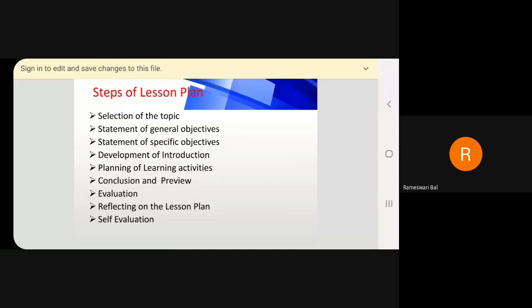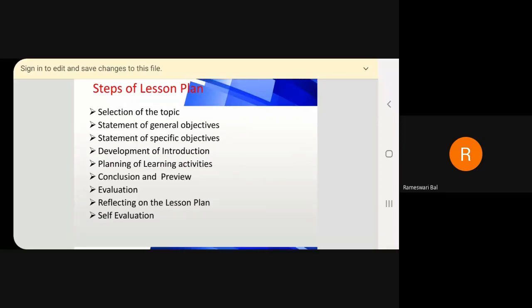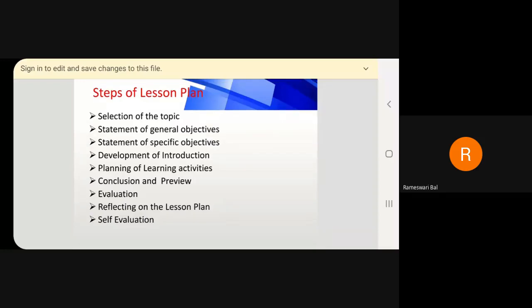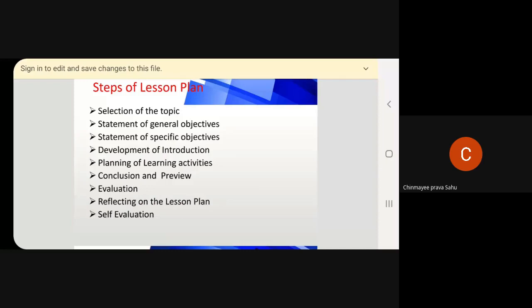So, as a teacher, we have to think about it: what is my objective? And we have to state those objectives in the form of statements. At the time of writing the objective, many rules are there, and we have to be conscious about how we should write it.